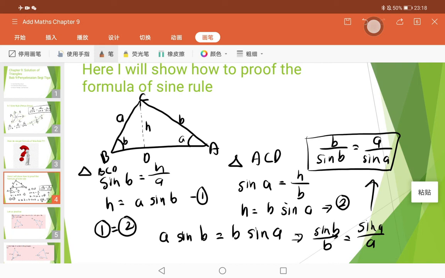And in the exam, you are not required to prove this formula, but you have to know how to apply the formula. Okay, but this is true for any triangles. This sine rule can be used in all triangles here.